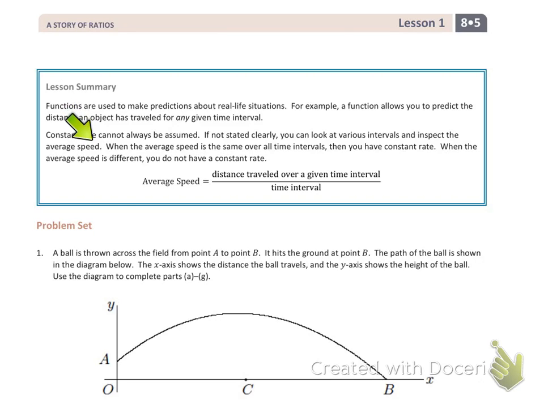So if you look at the average speed over different time intervals, if that average speed changes, then you do not have a constant rate, and you do not have a linear function. If the speed is changing, you don't have a linear function.